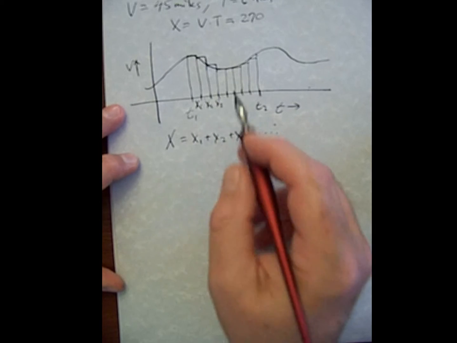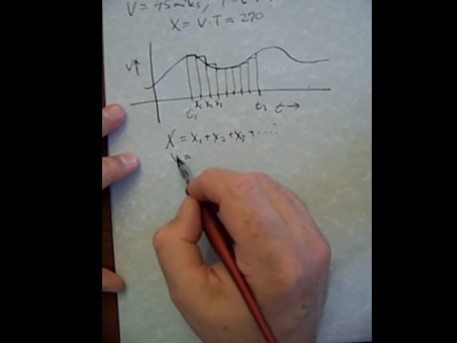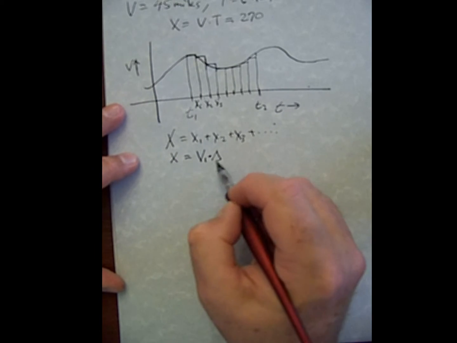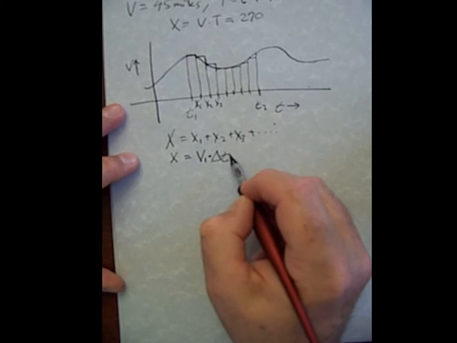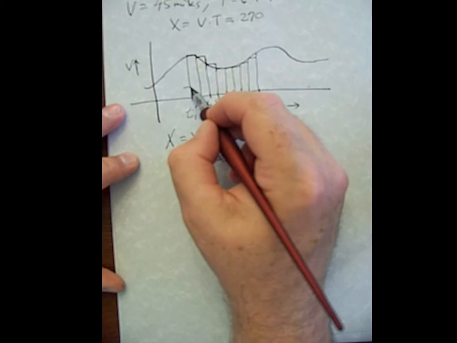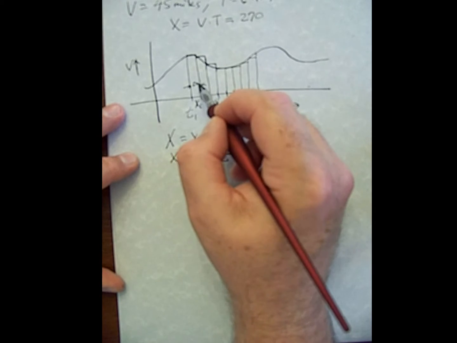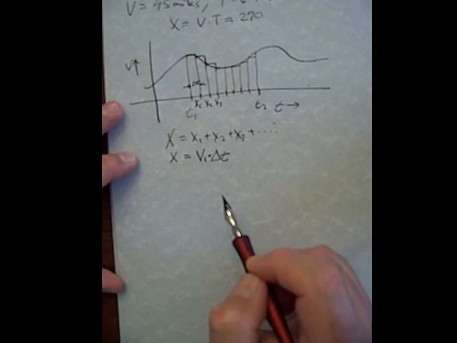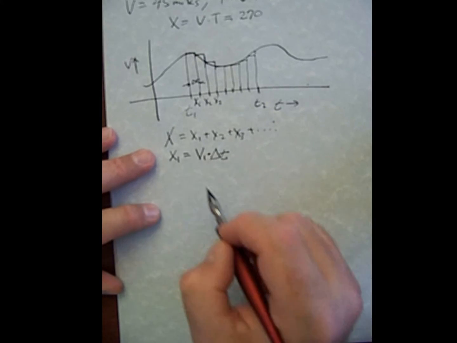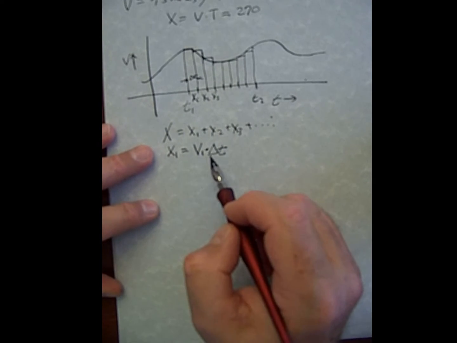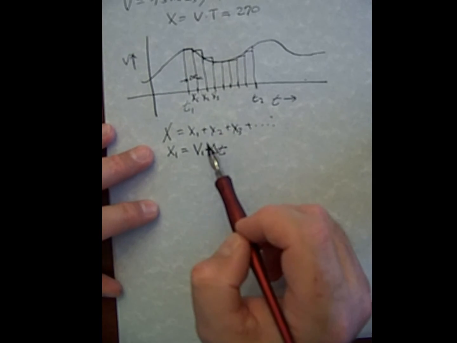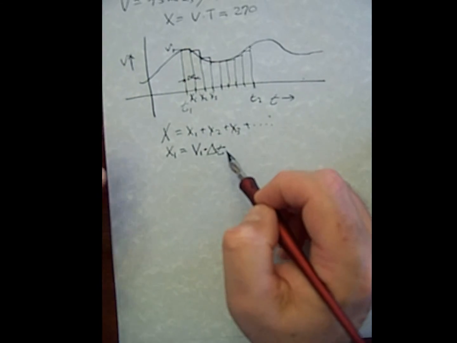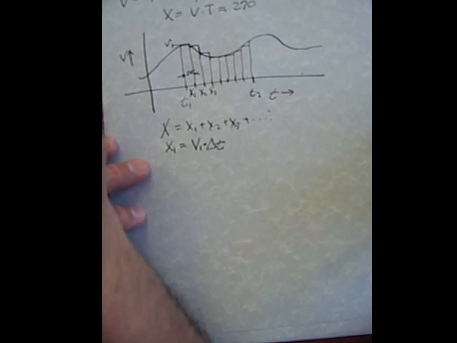And then each of these increments of time is simply equal to the average velocity during that time times delta t, where delta t is the distance between any two of these points. So x1 would be the distance that I went as I traveled at this velocity, v1, for delta t number of minutes or hours.